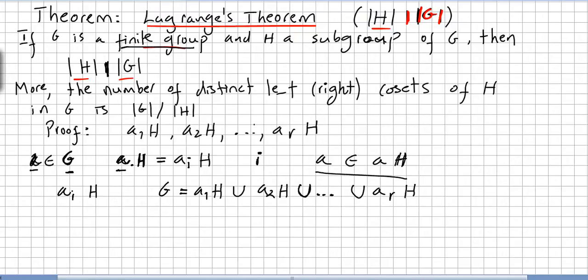Okay, but we saw in the previous video, in those properties of cosets, that AH intersection BH equals the null set.